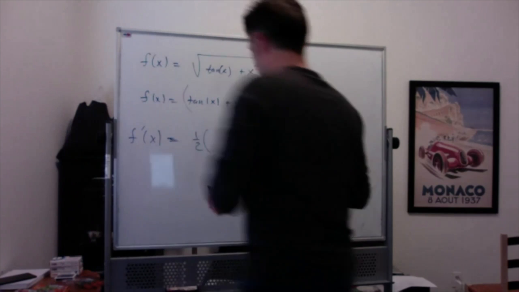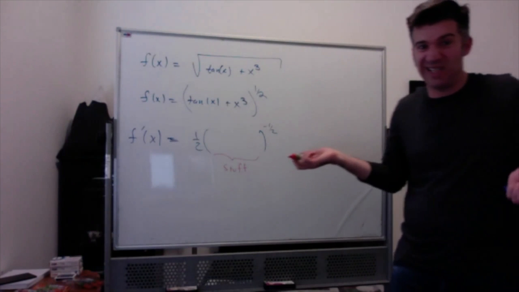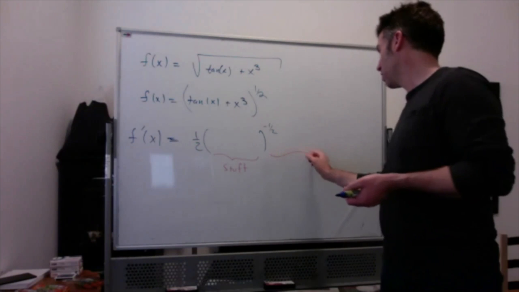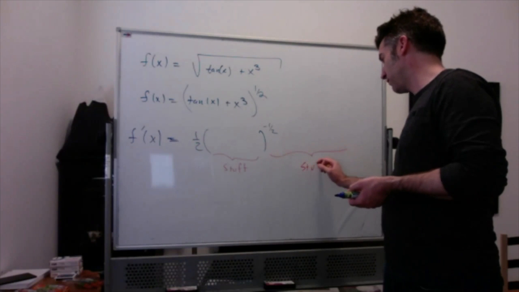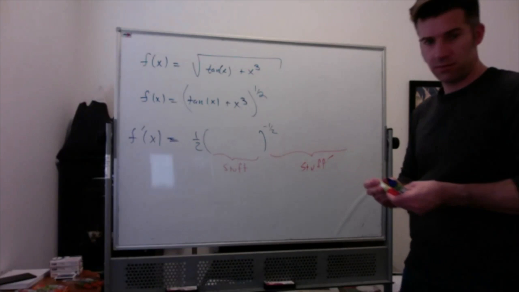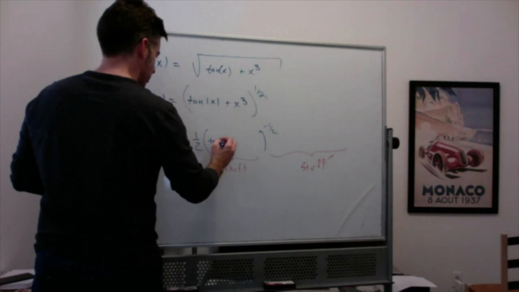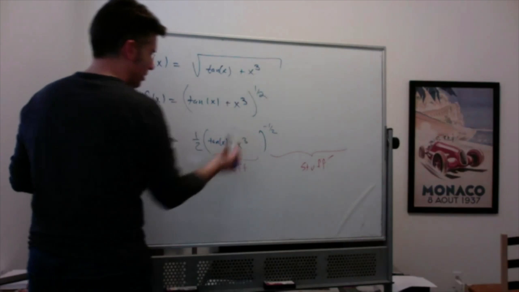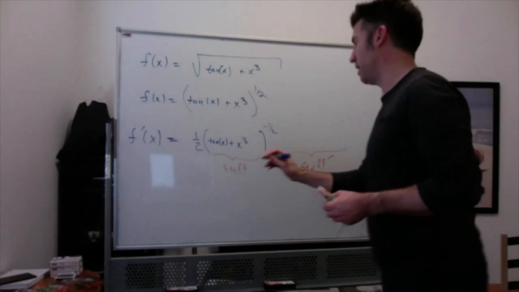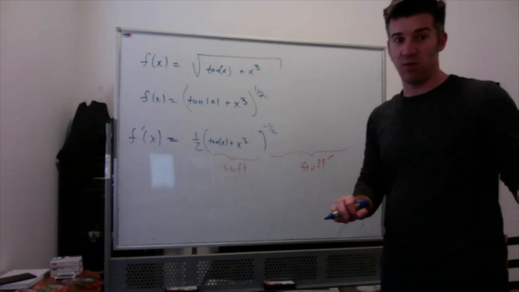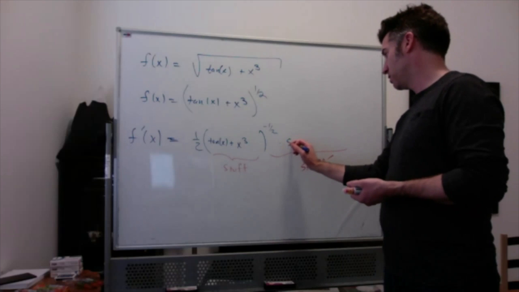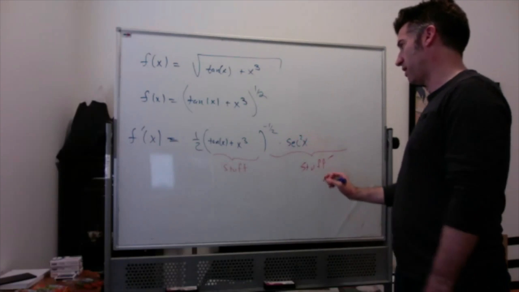But then, if I'm saying stuff, I know I'm going to have to multiply by the derivative of my stuff. So here I'm going to get tangent of x plus x cubed. And then I have to multiply by the derivative of that, which I'm going to write just slightly wrong, and then we're going to fix it. Derivative of tangent of x is secant squared of x.